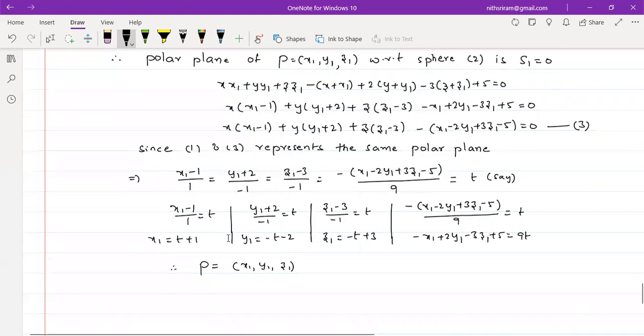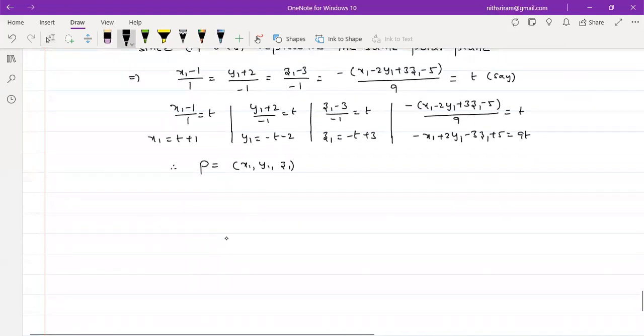So I am doing that. We have 9t is equal to minus x1 plus 2y1 minus 3z1 plus 5. In this equation, we substitute the values of x1, y1 and z1, which are in terms of t.